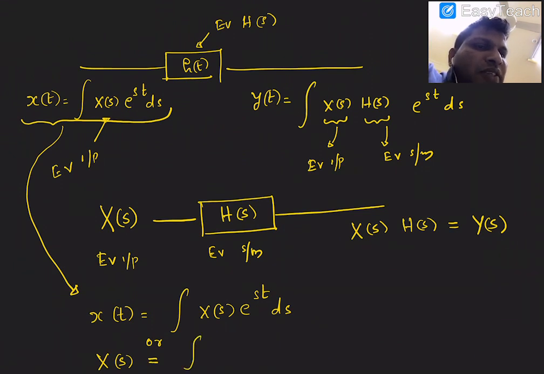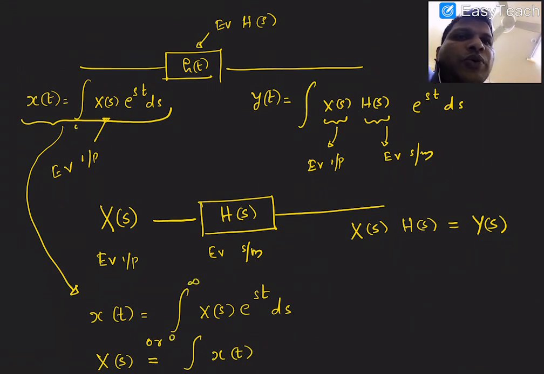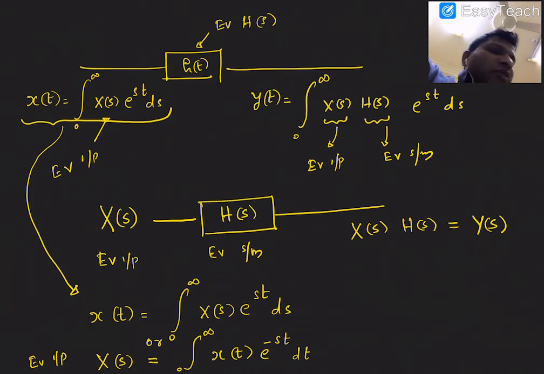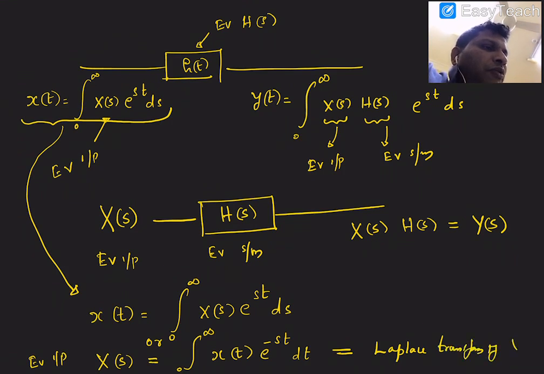X of s is the integral of x of t, limited from 0 to infinity, e power minus st dt. That means to find this eigenvalue of the input, we need to integrate our x of t after multiplying with e power minus st, and we are averaging it over time. So this is nothing but the eigenvalue of that input, and this is nothing but the Laplace transform of this signal x of t.